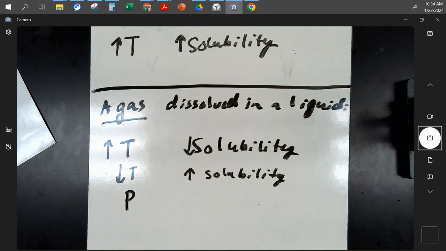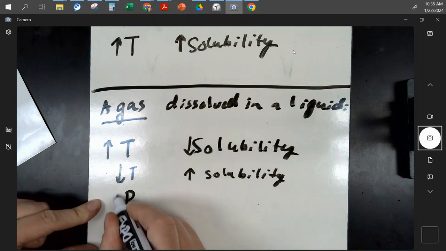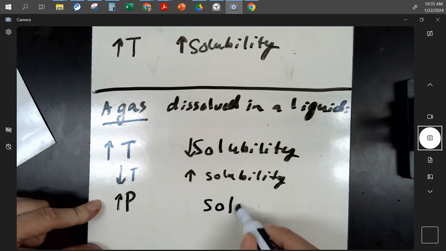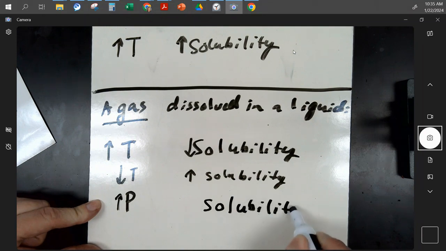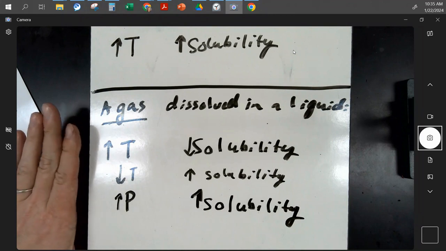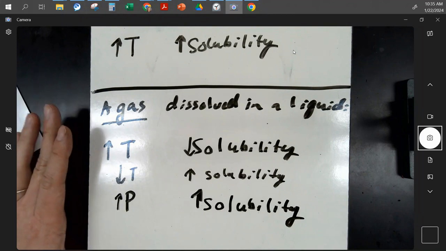So have you ever felt the bottle before you open it, and then you open it and then close it, and then you can squish the bottle? Okay. So if you increase the pressure, the solubility of a gas increases.